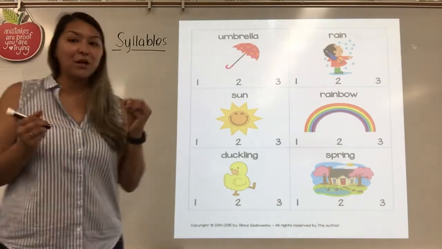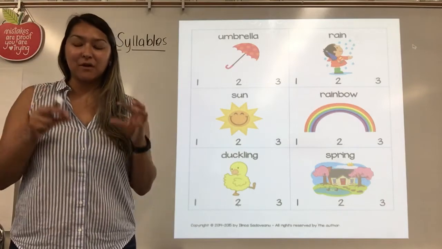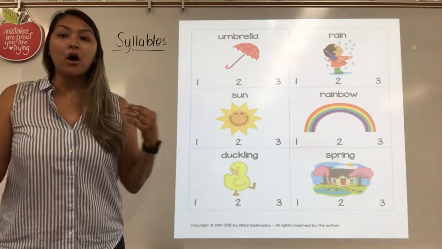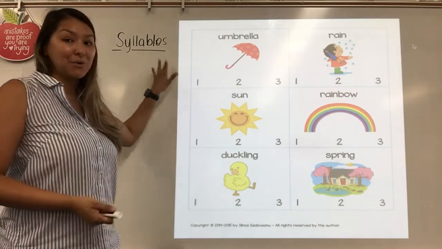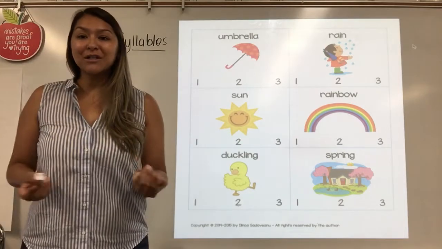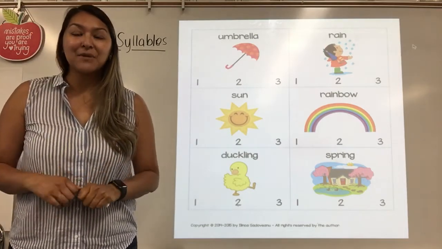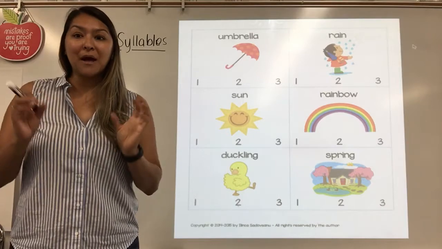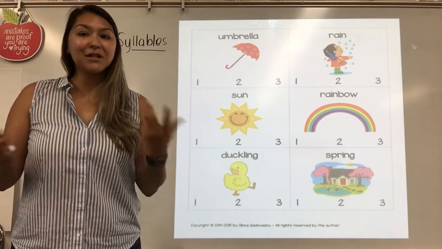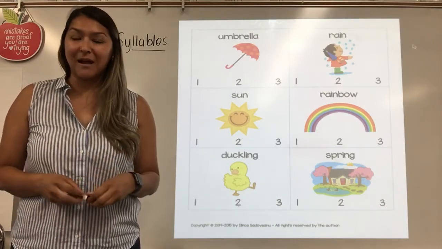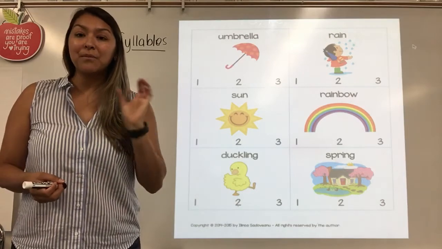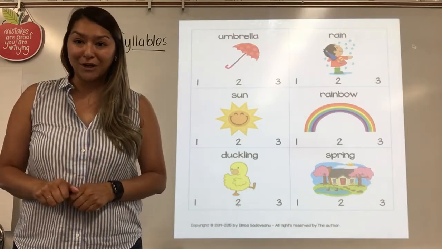And when we break a word up into all these different parts, we call those parts syllables, okay? So we're just gonna go over the definition together. Syllables are the broken up parts of a word. A syllable is one of the broken parts of a word, okay?